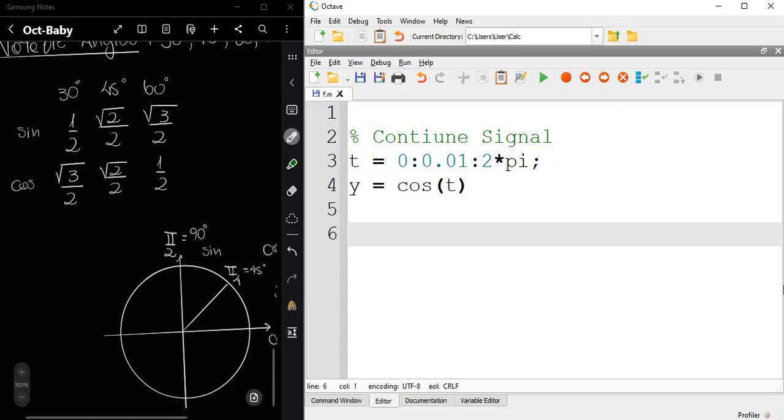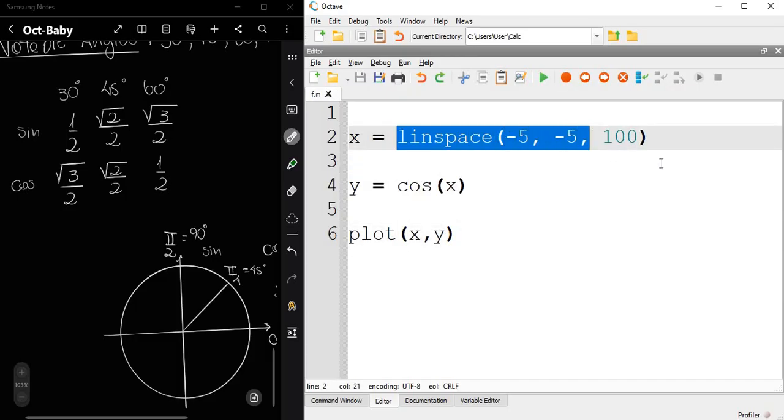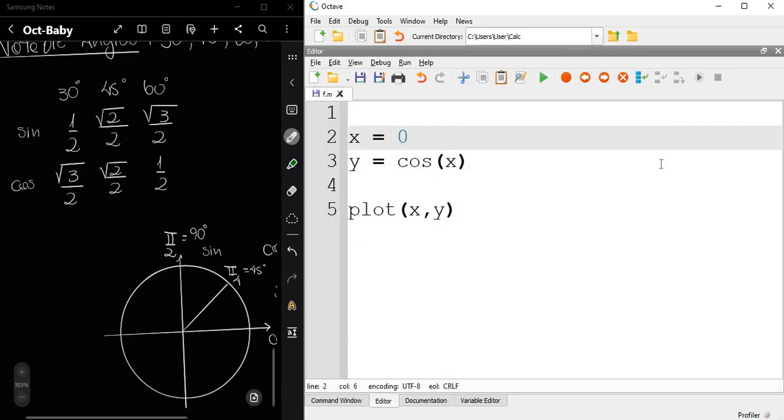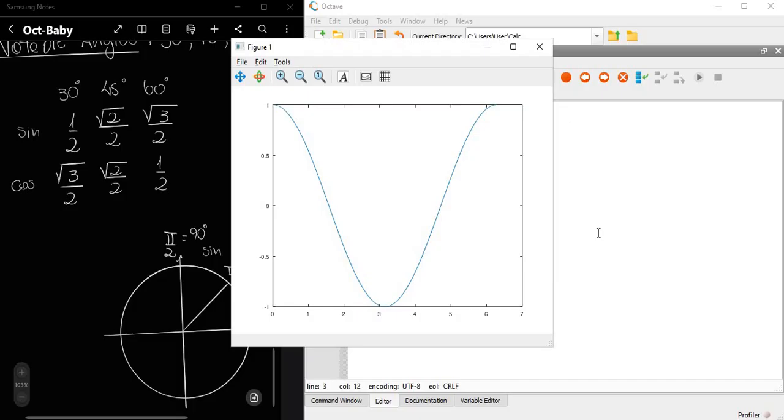Let's see something, because we were doing this, and now let's say, again creating a vector, the step, and now 2 times pi. Let's see now. Now it works. It works very nice.